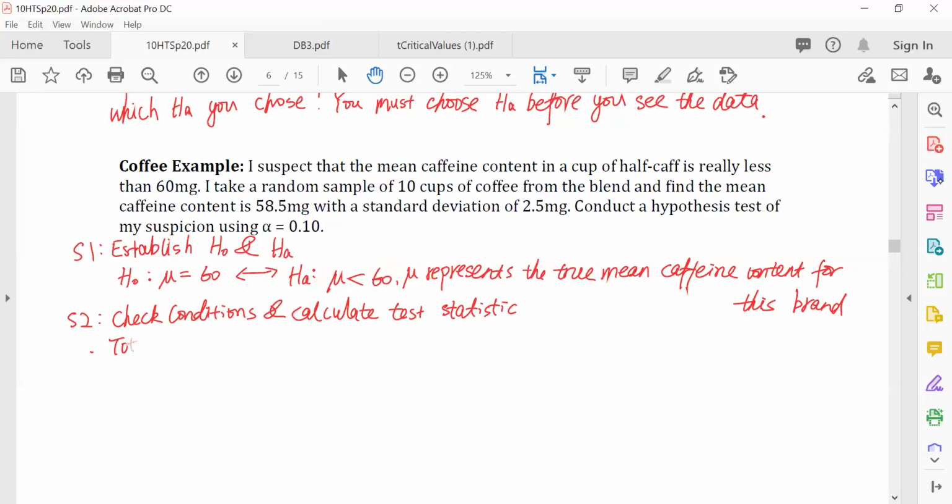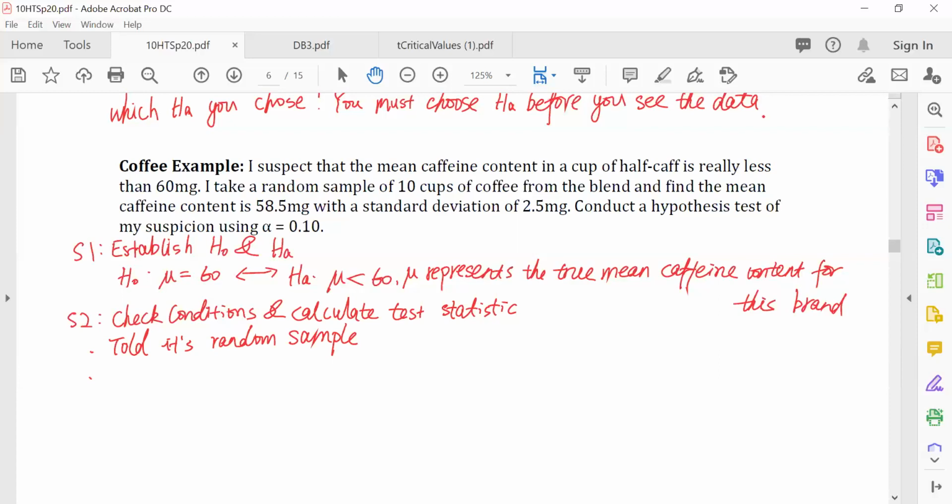The second condition is that the population needs to be normal, right?